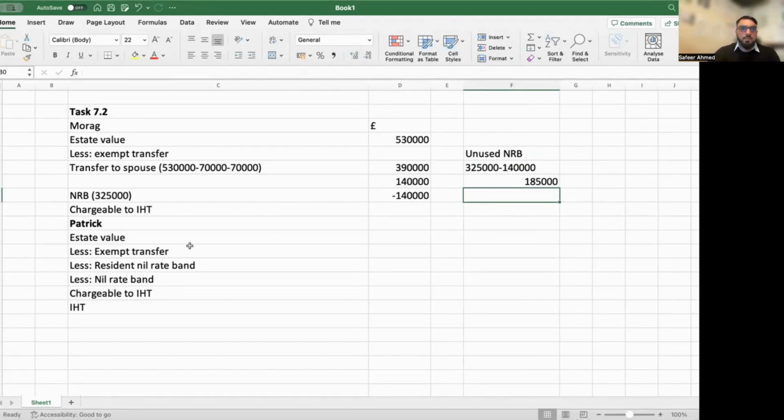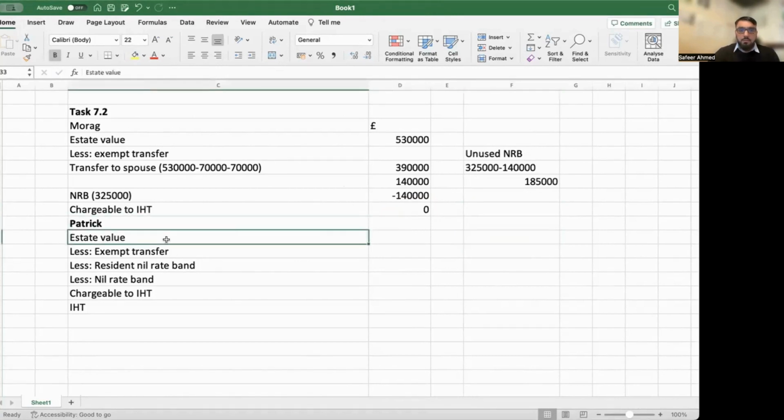This will be available to Patrick. When Patrick passes away, in addition to Patrick's own nil rate band, this will be available as well. So there is no inheritance tax. There is nothing chargeable to inheritance tax in the case of the first person who passed away.